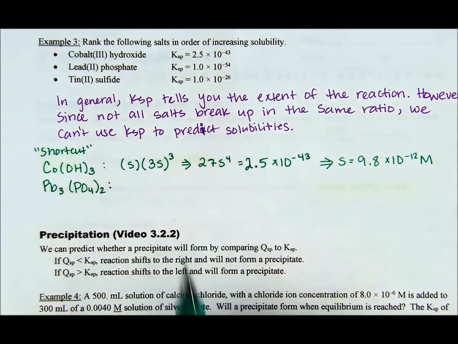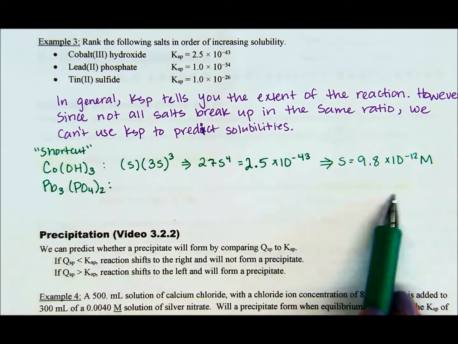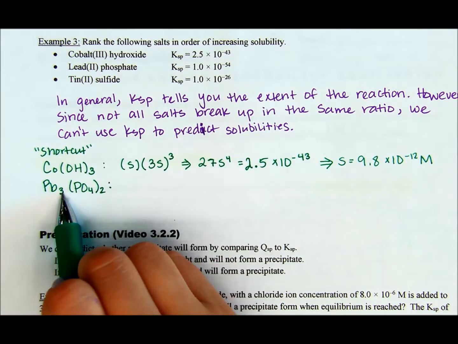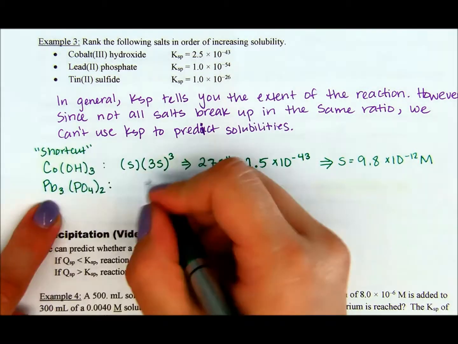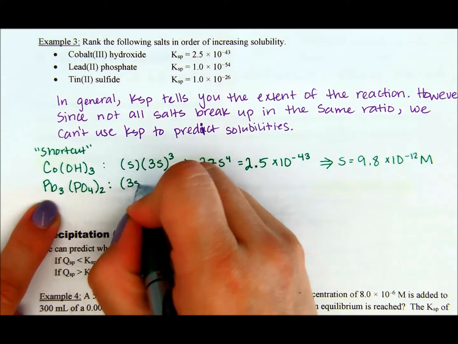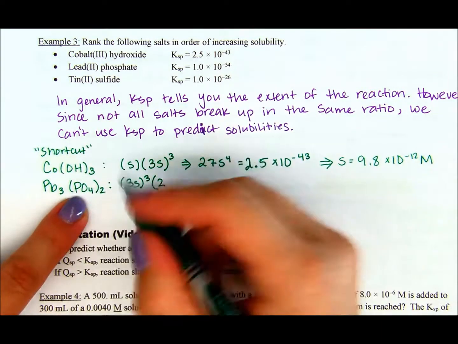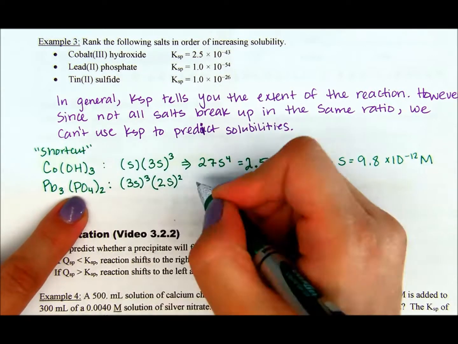Now at this point, go ahead and pause the video again, and I'd like you to get all the way to the end and calculate S. Okay, you have 3 leads here, and so that's going to translate to 3S cubed. You have 2 phosphates, so that's going to translate to 2S squared.